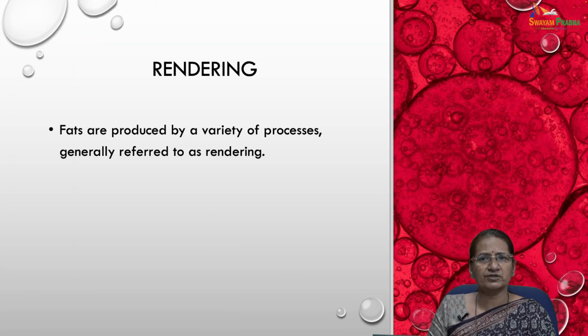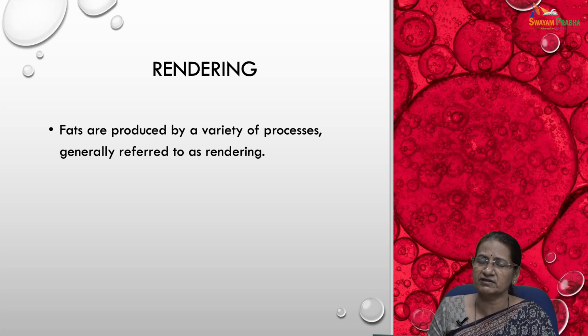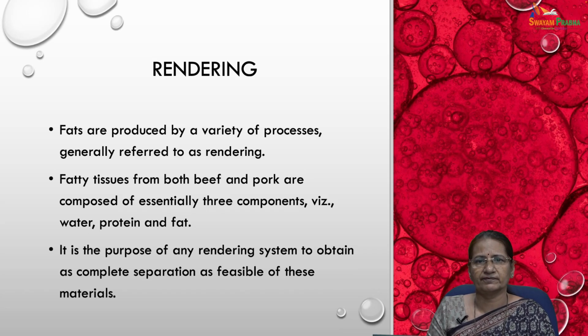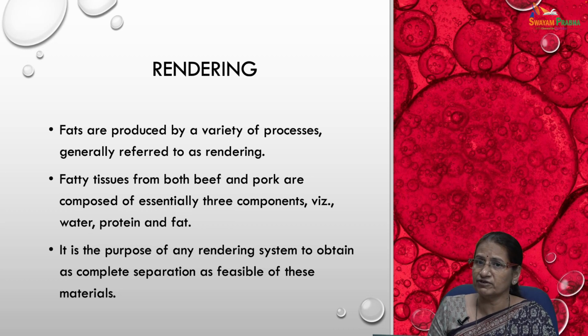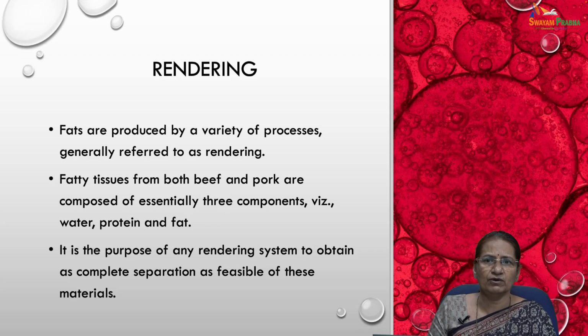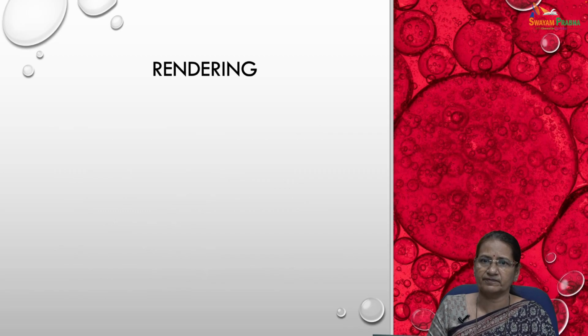Fats are produced by a variety of processes, generally referred to as rendering. Fatty tissues from both beef and pork are composed of essentially three components, namely water, protein and fat. It is the purpose of any rendering system to obtain as complete separation as feasible of these materials.